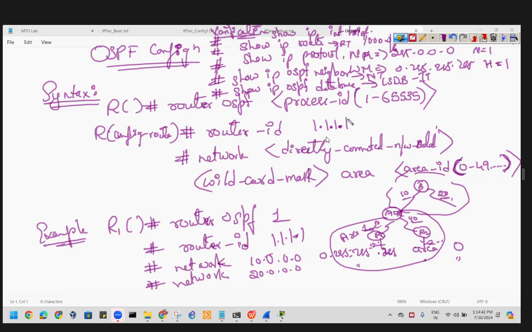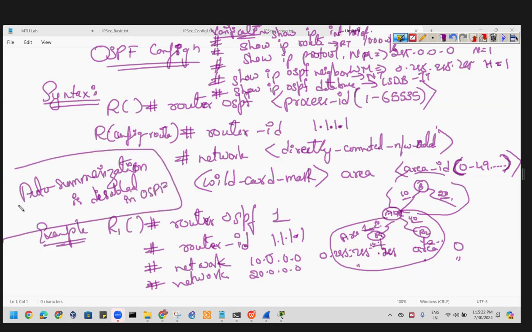You want me to show the configuration first? You don't have to give no auto-summary.